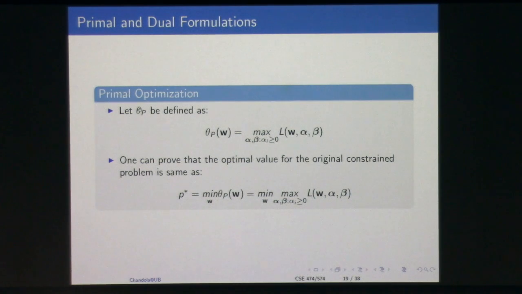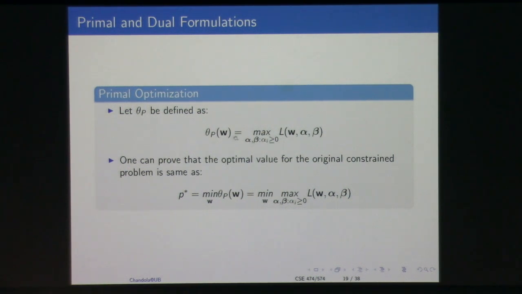This theta p is a problem in which we want to find the alpha and beta which maximize your L, right? So we are not worrying about W. We are saying let's ignore W. For any W, can we find the alpha and beta, and all the alpha should be positive, which maximize this? This is not what we want eventually, but this is a part of it.